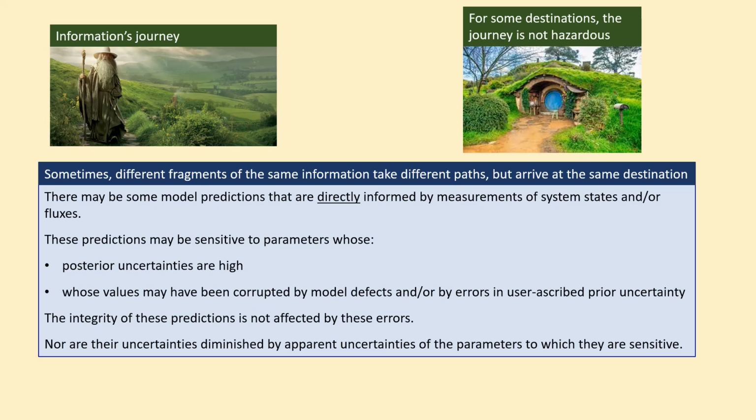These predictions may be sensitive to parameters whose posterior uncertainties are large, whose values may have been corrupted by model defects and by errors in user-ascribed prior uncertainties. Nevertheless, the integrity of these predictions is not affected by these errors, nor are their uncertainties diminished by apparent uncertainties of the predictions to which they are sensitive.